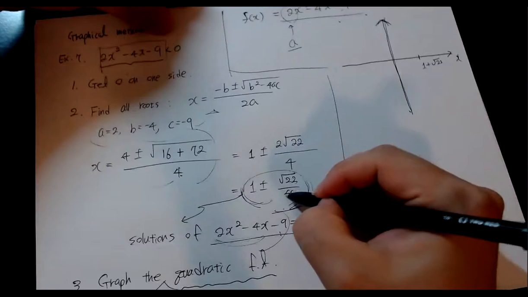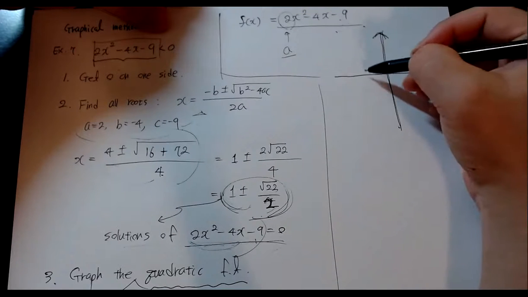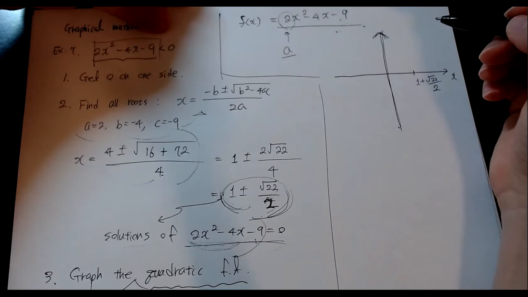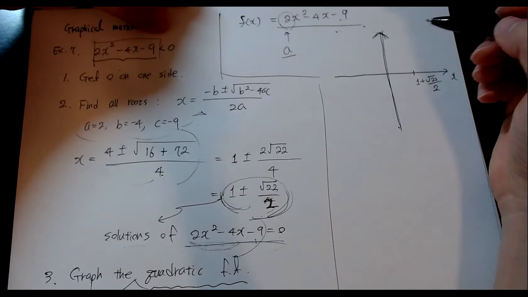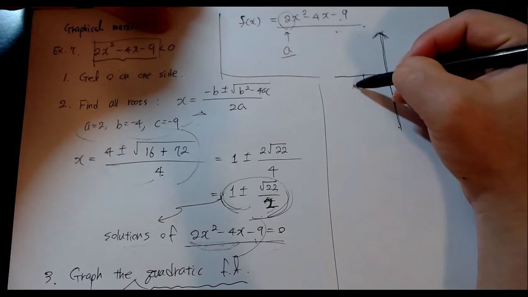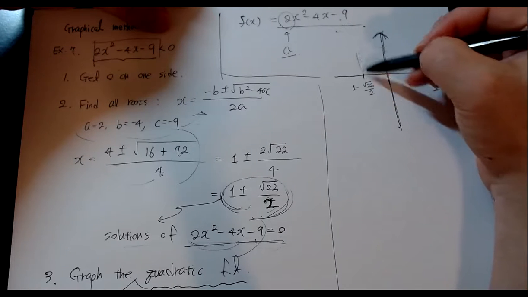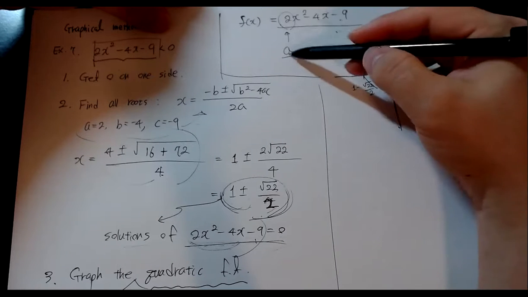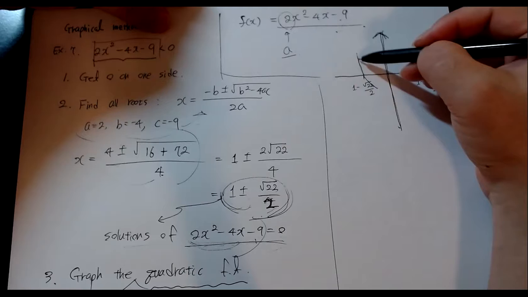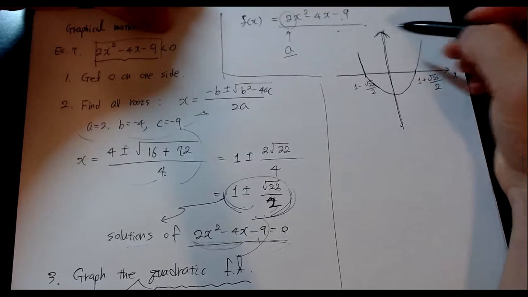Okay, it should be 2, right? It's a typo. Sorry, 2. And then here's 1 minus, maybe right here. Okay, it's not exact, but let's say like this. The graph must be like this because a is greater than 0, so the parabola opens up, like this.